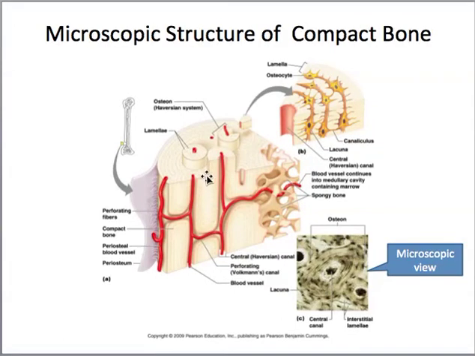Now, what you're seeing here with these concentric lamellae is that they're studded with these little pits that contain these bone cells, these osteocytes. And the reason that this happens is because as bone is being built, the osteoblasts deposit bony matrix around them and they get trapped inside their own material and can no longer move.